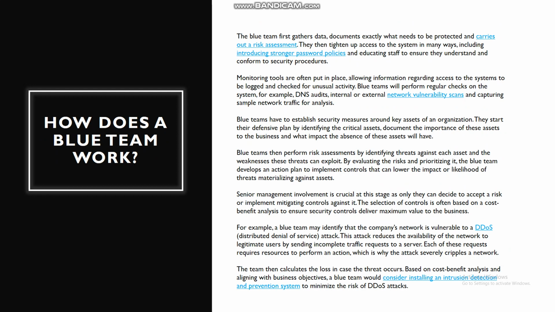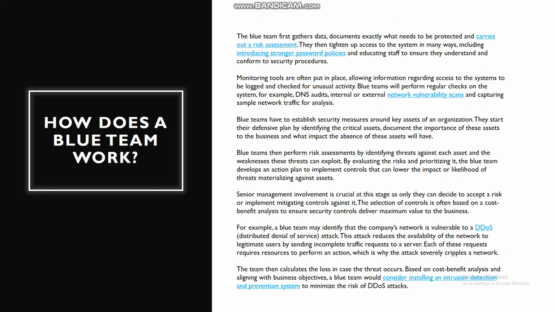How does a blue team work? First of all, monitoring tools often allow information regarding access to the system to be logged and checked for unusual activity. Blue team also performs regular checks of the system, for example DNS audits, internal or external, and capturing sample network traffic for analysis.